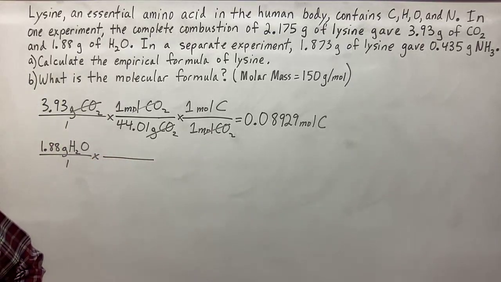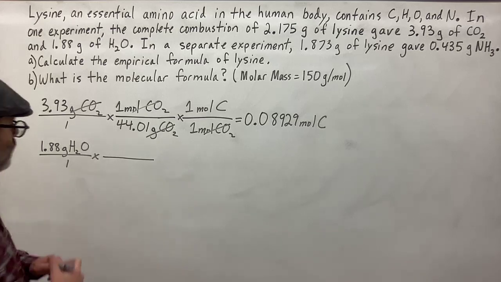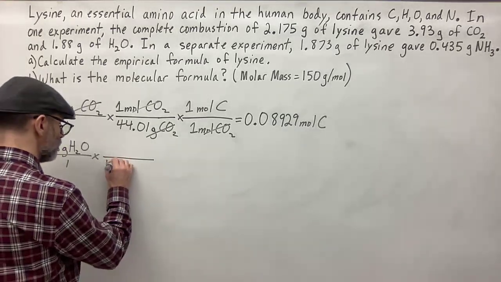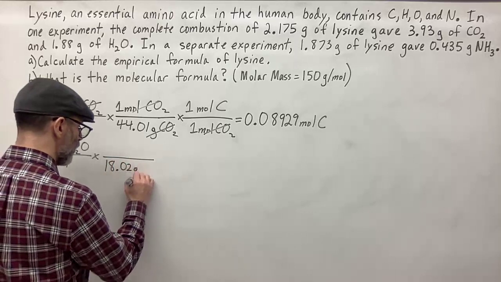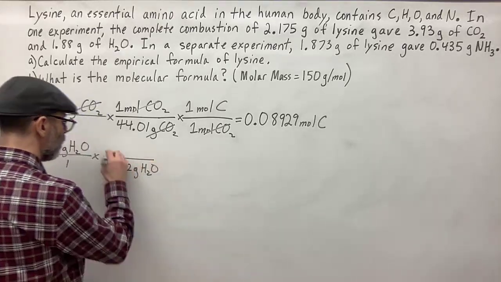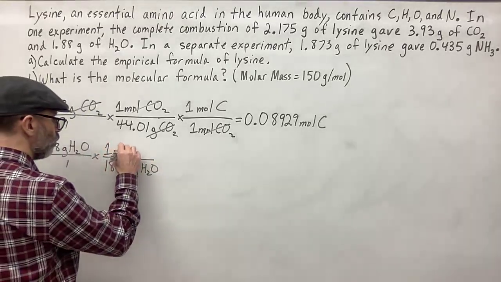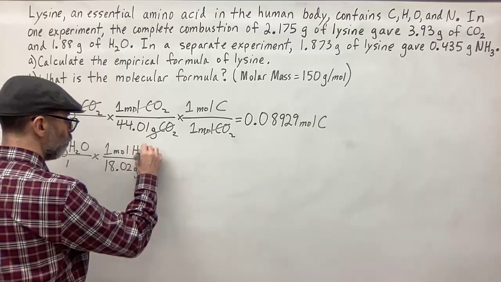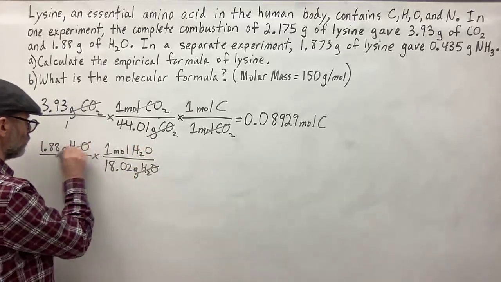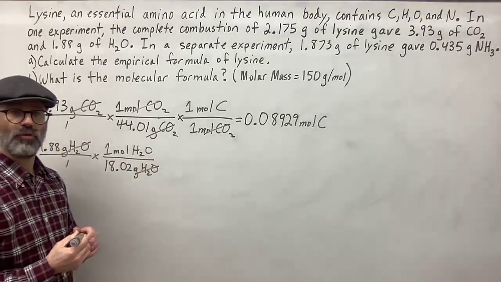Let me double check. Yep, 18.02. So we have 18.02 grams of water on the bottom, 1 mole of water on top. Grams cancels out, and now I have moles of water.